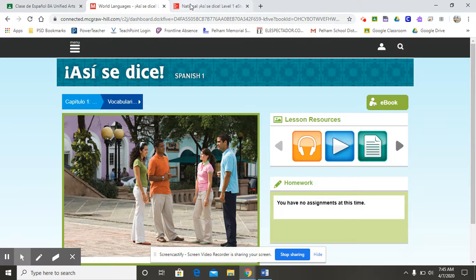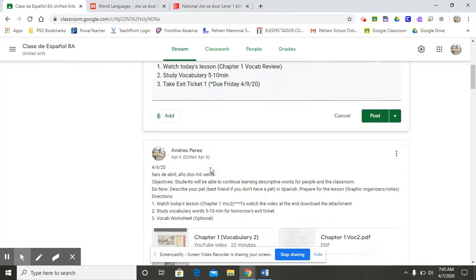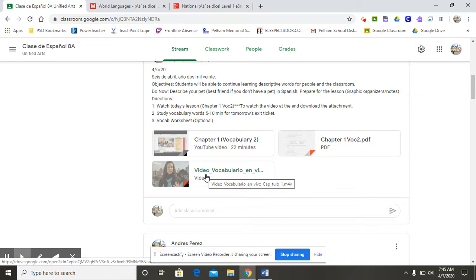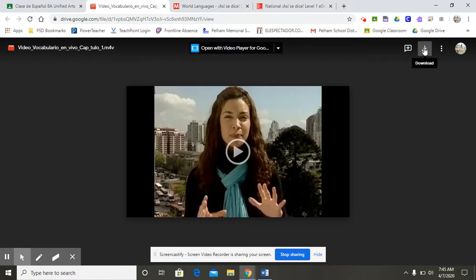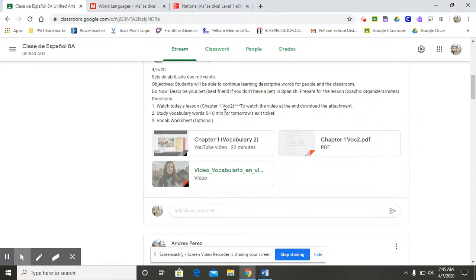And the way you can access them is when you click on the video, if it doesn't come up automatically, like if it says something like it's processing right now, what you can do is when you click on it, you can download it. Okay, see my little download button right here? So you can do that too if you want to watch the video if it hasn't processed yet. Okay, just so you know. Now let's get back to it.